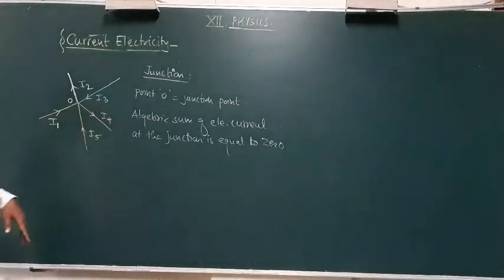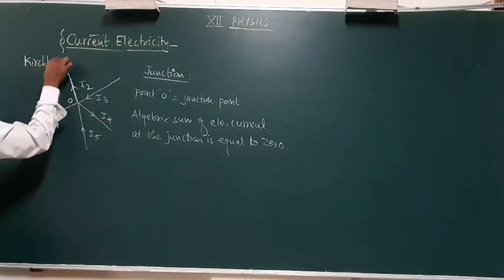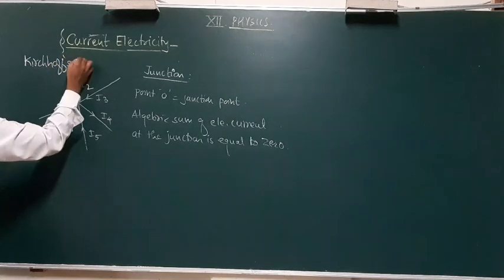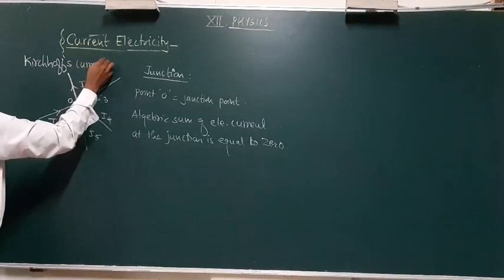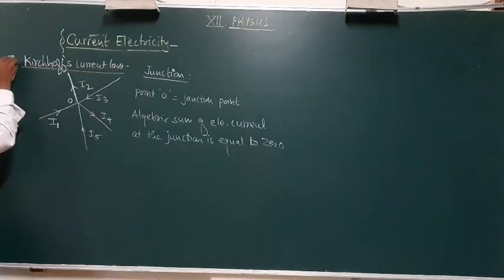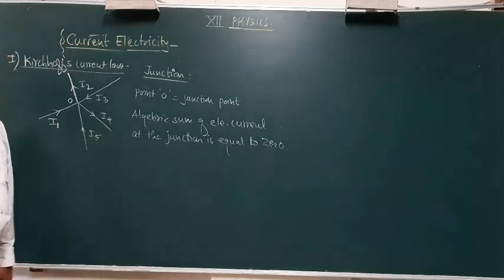This law, this statement, is Kirchhoff's first law. This is also called Kirchhoff's current law. The statement is very simple: the algebraic sum of electric current at the junction equals 0.